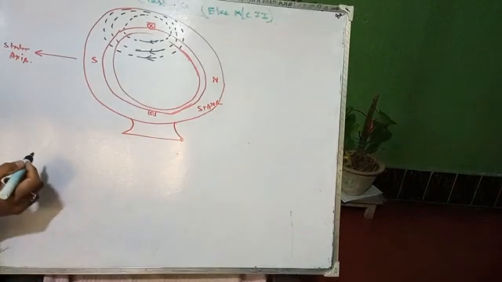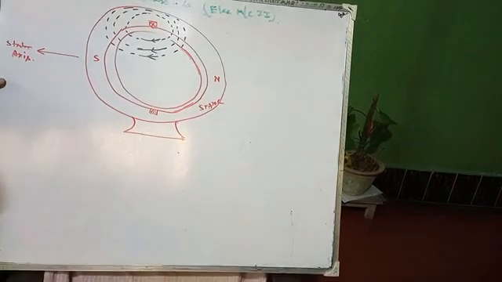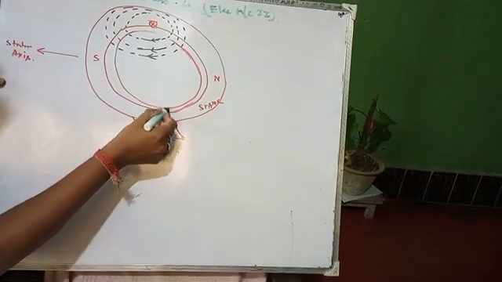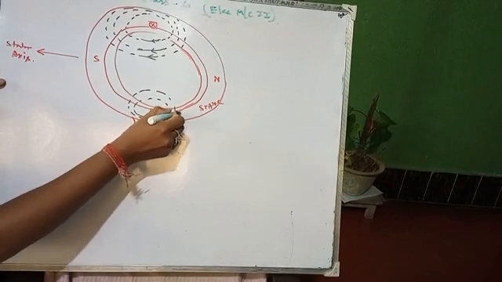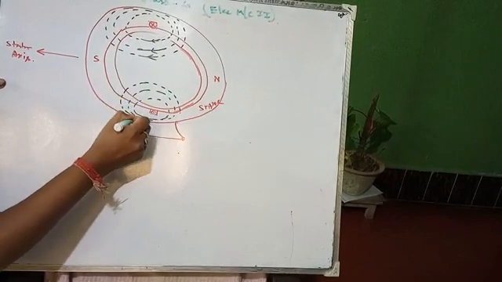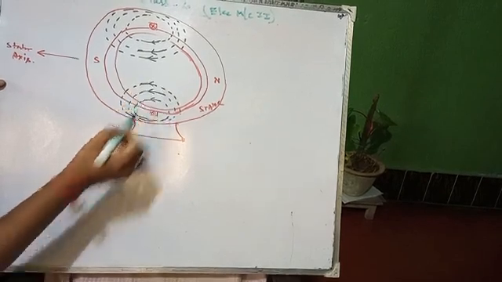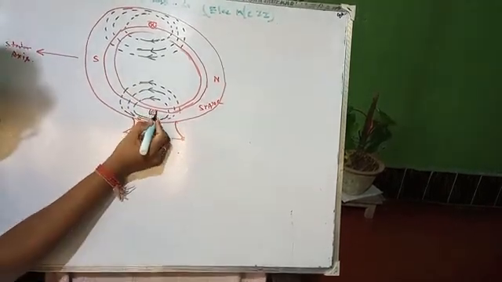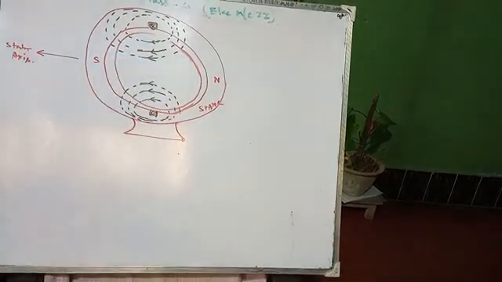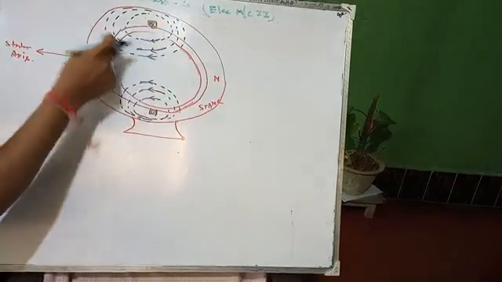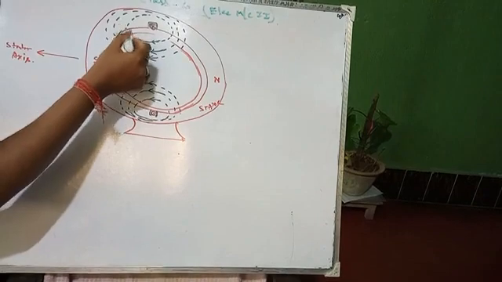Similarly, if the current is leaving from here, then the flux will be in this direction. This is the flux linking between stator and rotor part.